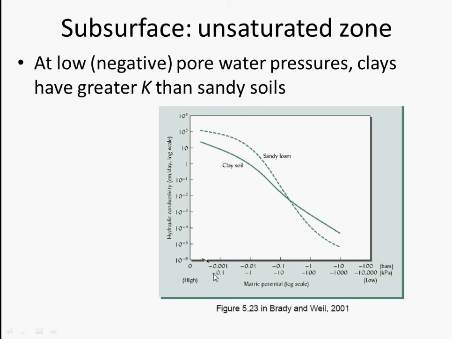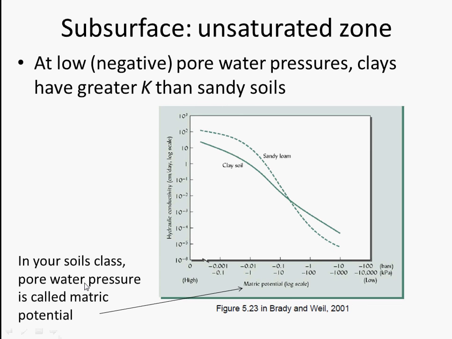So here is essentially negative pore water pressure, which, if you have taken a soils class, is often called matrix potential. And here's your hydraulic conductivity on the y-axis. So at not very negative pore water pressures, clay soils have less hydraulic conductivity than sandy soils.